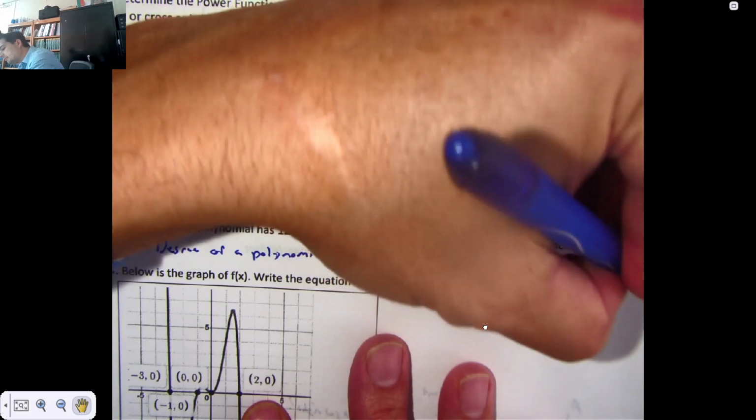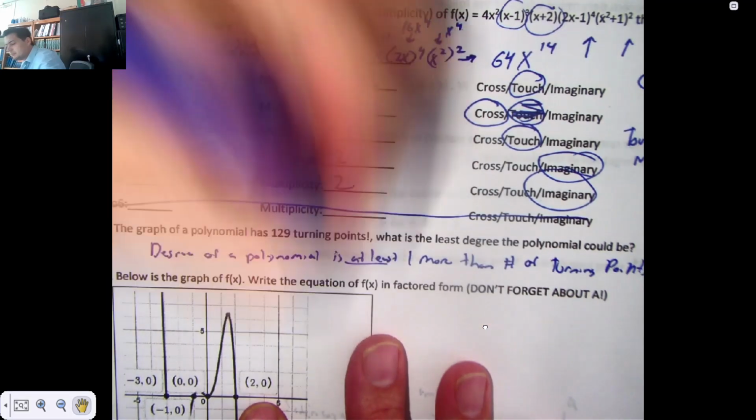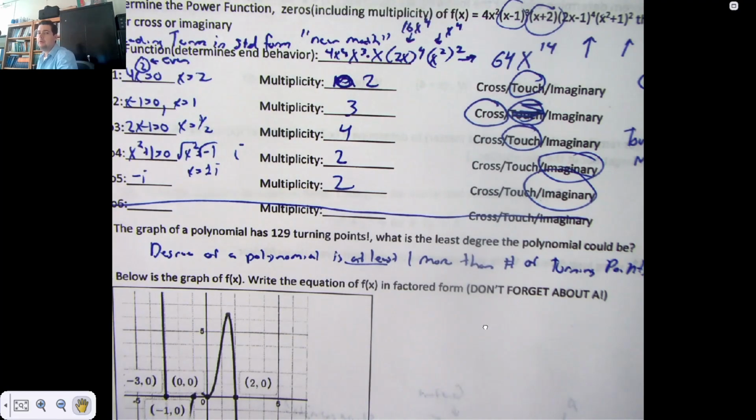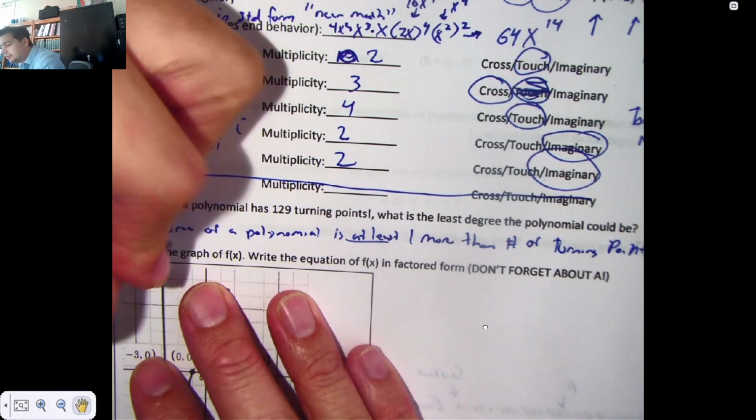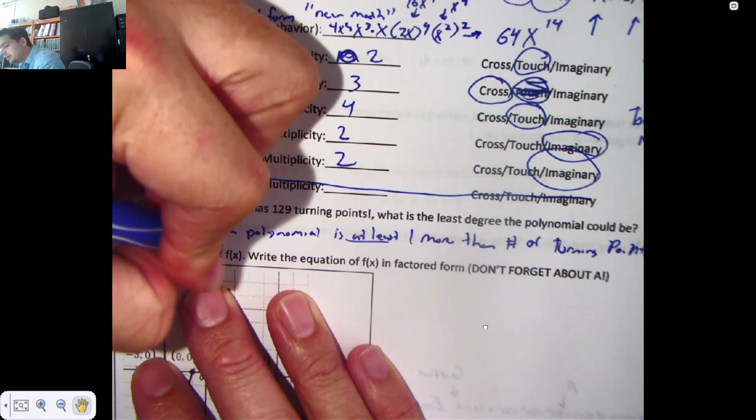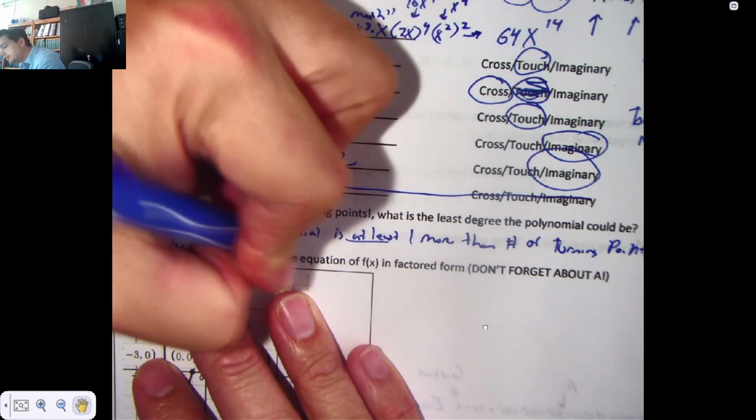It's just a theorem. Okay? It's at least one more. So the degree here is 129 plus 1, which is 130.